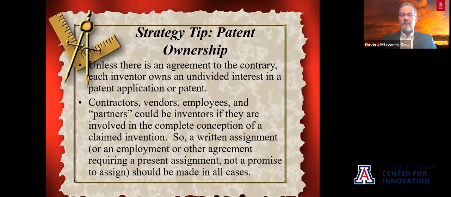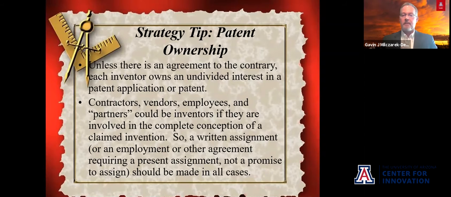So whenever you're talking about third parties, vendors or contractors, but also employees, and any other strategic partners or collaborators, you definitely want to have a written agreement in place that covers assignment of patent rights. Sometimes you'll see a promise to assign in such documents, and that's very bad.